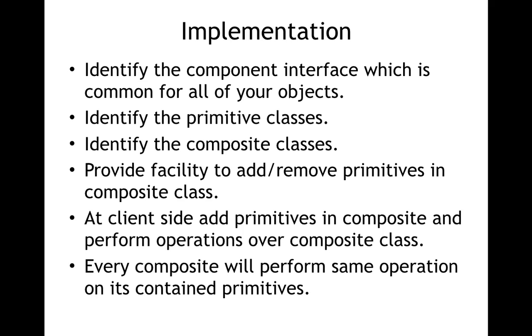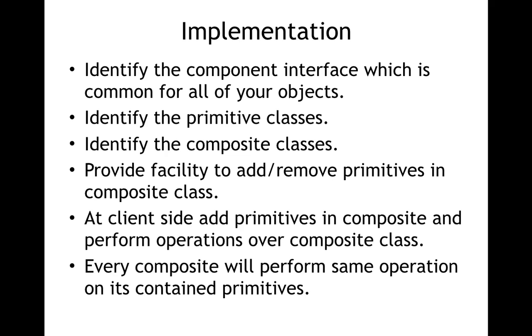Then you should provide facility to add and sometimes remove the primitives from the composite class. At the client side, what you would be doing is just create a composite class which actually has a group of primitives, add primitives to the composite, and then perform operations over the composite class. These composite classes will in turn perform the same operation on all their contained primitives.